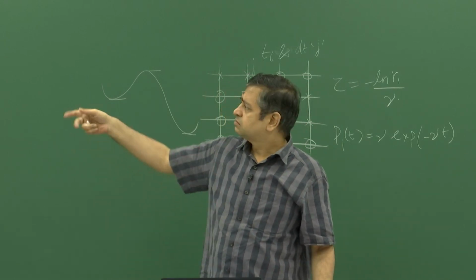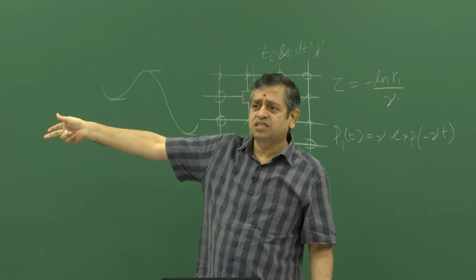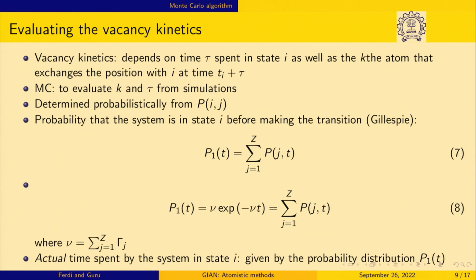Then nu will go away, the logarithm and exponential will cancel, and you will just get the same probability distribution for the system. So, we have chosen a residence time which obeys this probability distribution, which we know is the probability distribution for the system to spend time tau in this state.